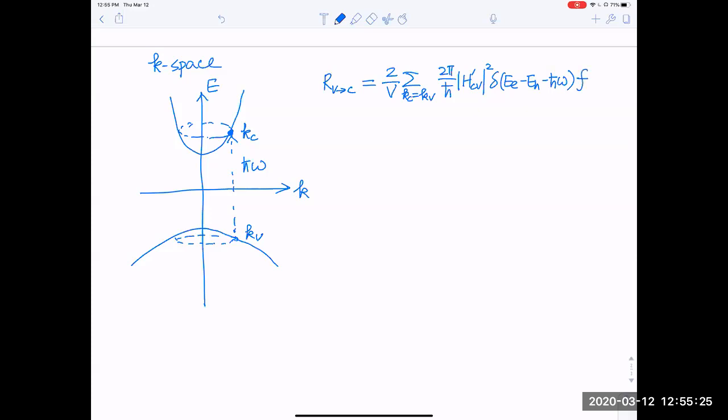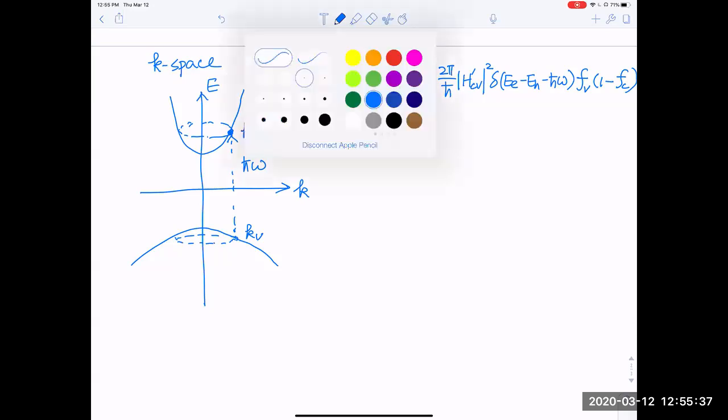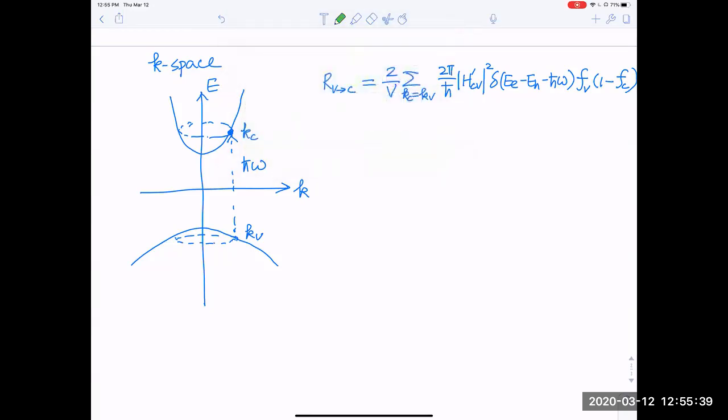The valence band has to be occupied, and the conduction band has to be empty. This is represented by Fv and 1 minus Fc. So again, Fv is a number between 0 and 1, basically the probability that that particular valence band state is occupied.